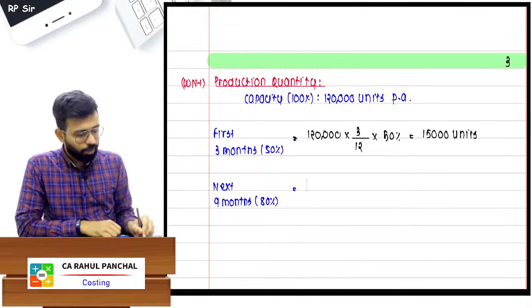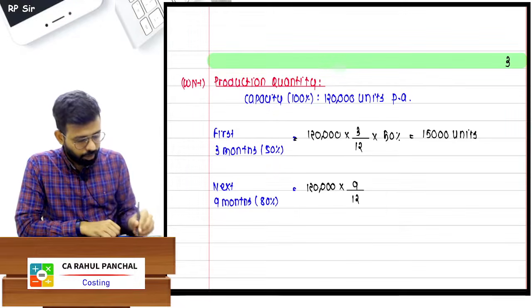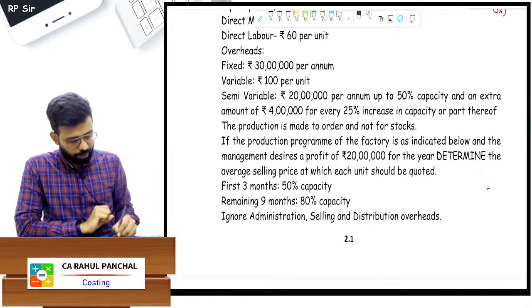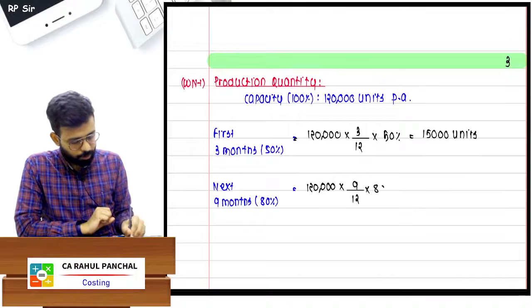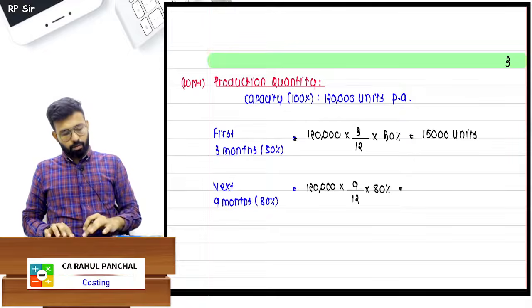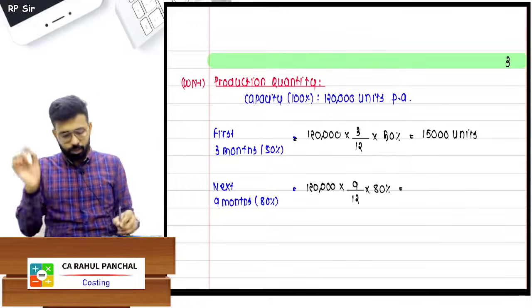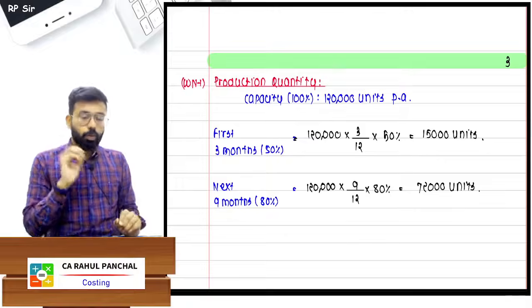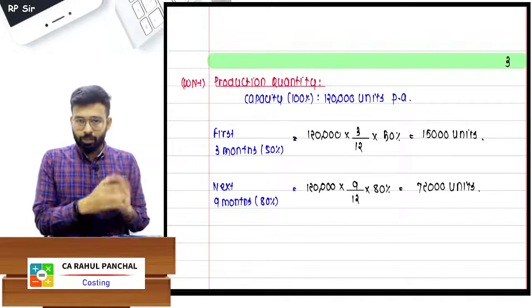So again 1,20,000 units can be produced in 1 year, so into 9 by 12, in 9 months this many units can be produced, into 80% capacity. That will be 72,000 units. Okay, we got this. So this is one thing where you can go wrong with reference to units.